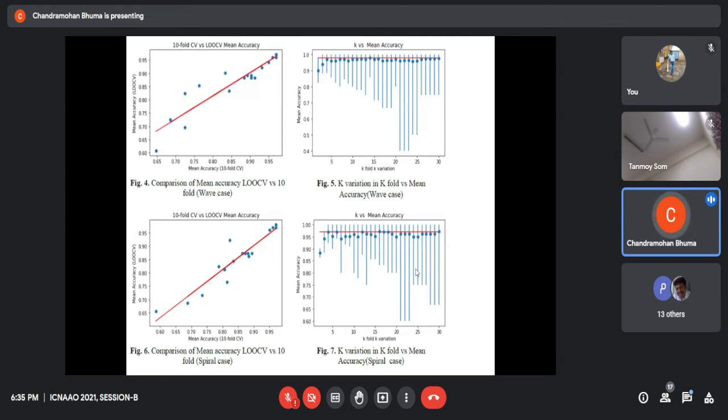Then, to assess whether the model is more general or not, tenfold cross validation is a common validation. Tenfold cross validation is a technique where the entire dataset is split into 10 folds. Nine folds are used for training and one fold is used for testing. The second one is leave-one-out cross validation. That means one sample we keep outside. For example, we have 101 samples, 101 images.